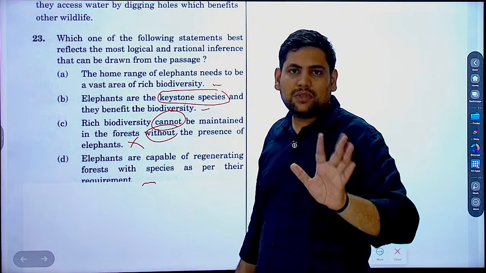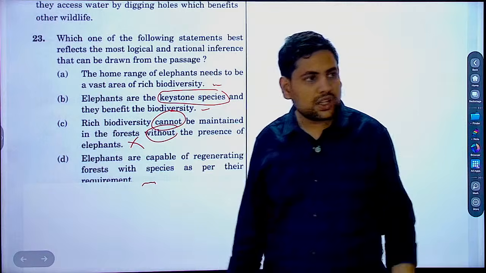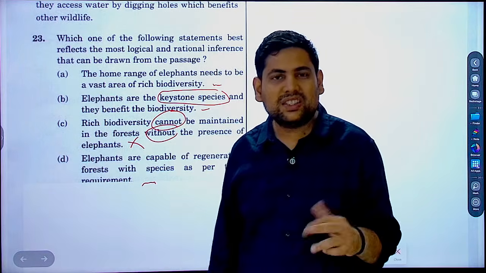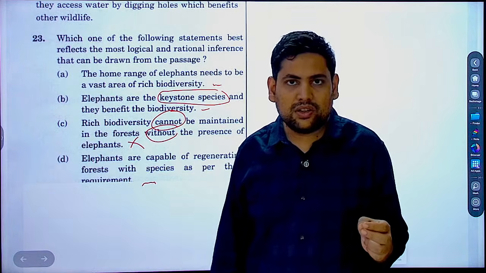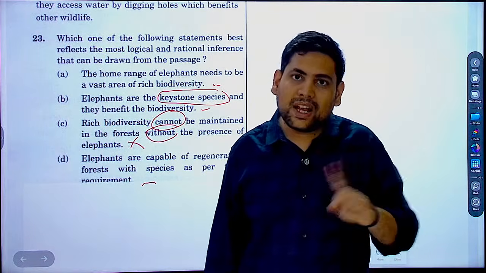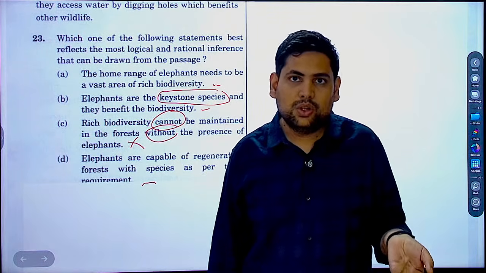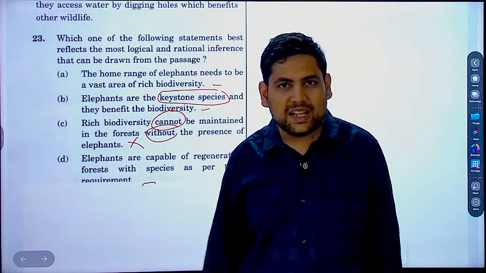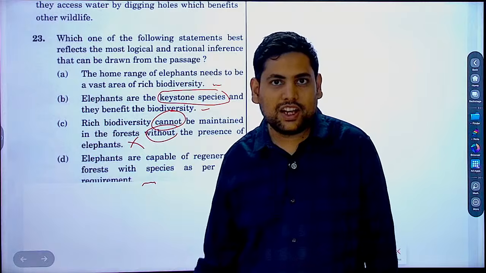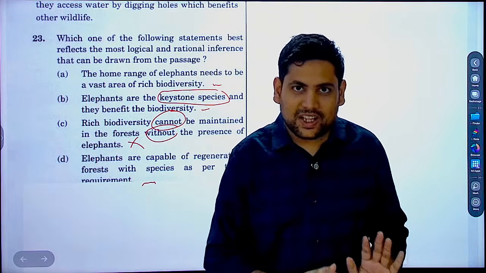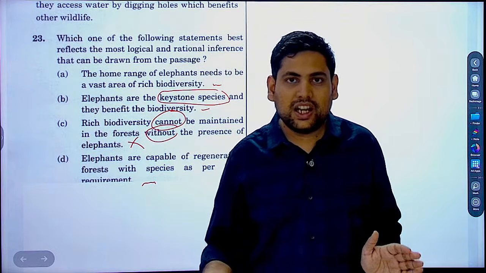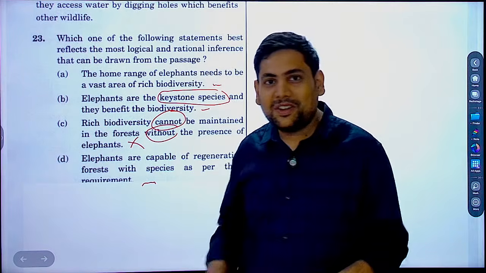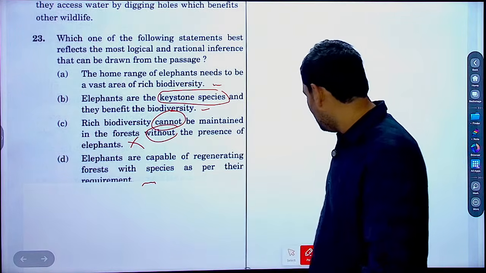If you have read something in environment, you must know that primary succession or secondary succession, which you might have heard of, are mostly led by microorganisms and plants. Those are the things that can regenerate forest. Animals come much later, because if there are plants, then only the elephant will eat them. Elephants don't make the food. So the main thing cannot be the elephant, most probably wrong, but anyway.